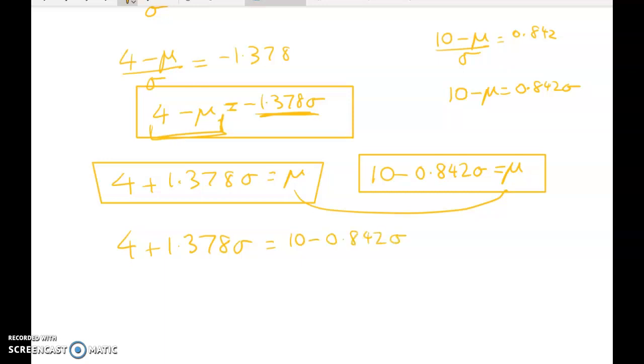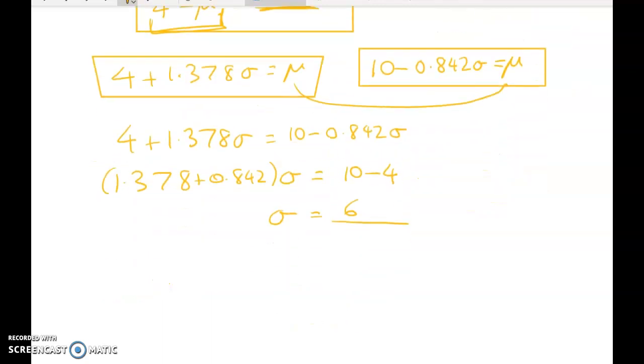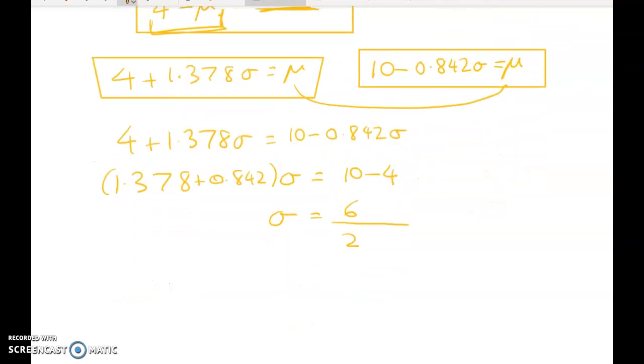It's not conceptually difficult, but it is mucky. So 1.378 plus 0.842 sigma is equal to 10, take away 4. Sigma will equal 6 over that number there, which is 2.22. Sigma is equal to 2.70 to 3 significant figures. I think that's what they asked us for.